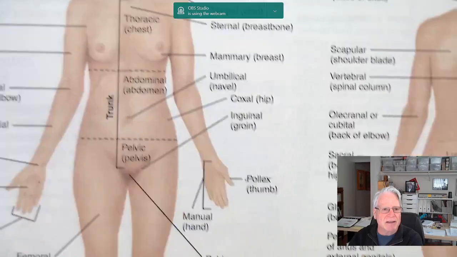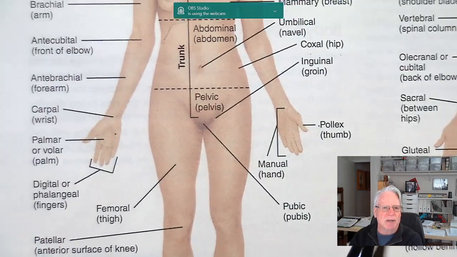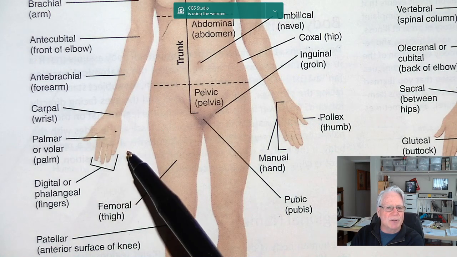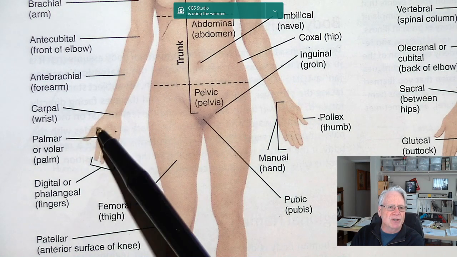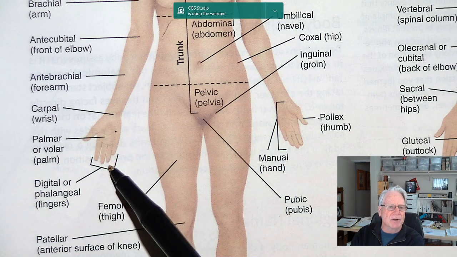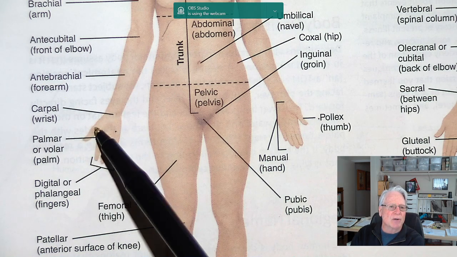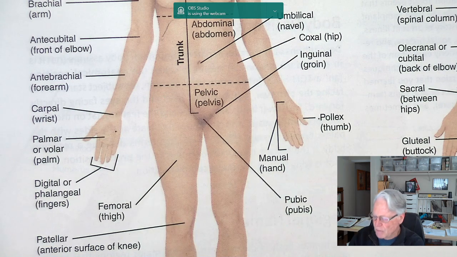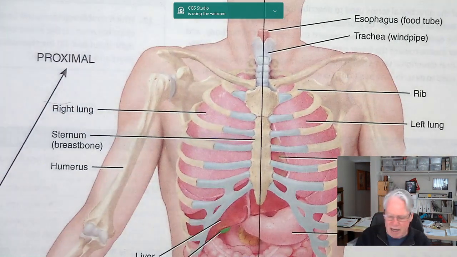Let's take a look at the hand. Here we talked about this earlier. This is why I said the thumb is lateral to the little finger, because it's out here further away from the midline. This is closer to the midline. Okay, so that's medial and lateral.